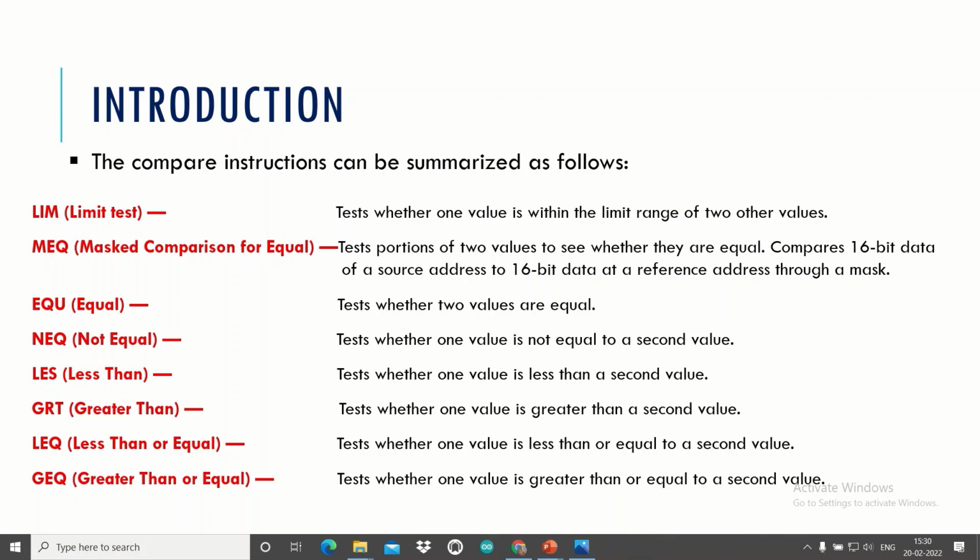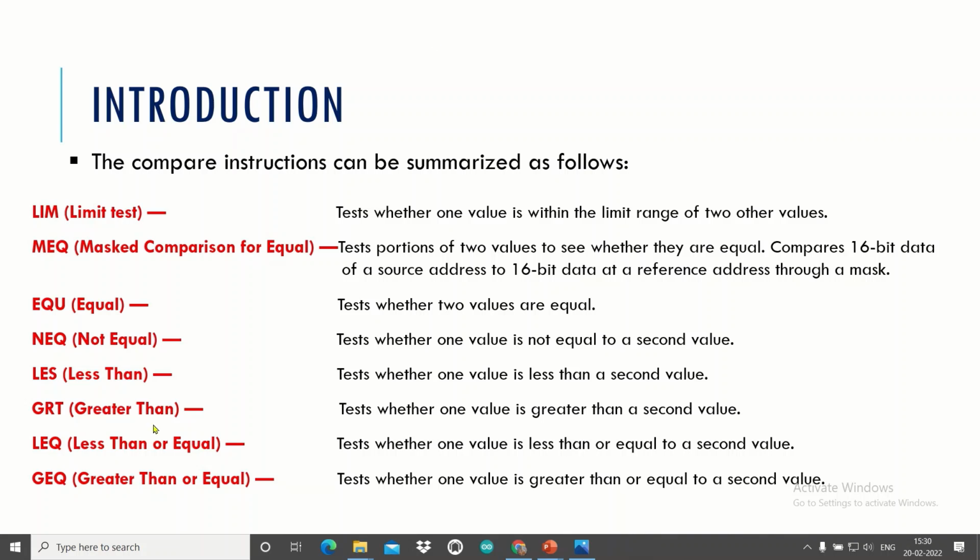It tests actually portions of two values. You see, it compares 16-bit data of a source address to 16-bit data at a reference address, however through a mask. So wherever there is a mask, those bits will not be considered. So we will see the illustration definitely.